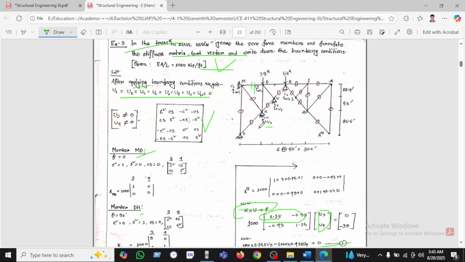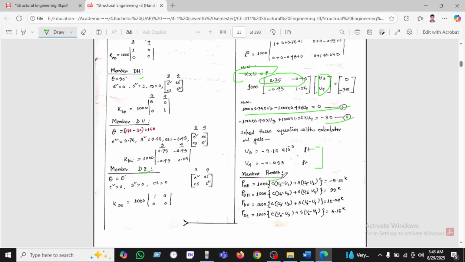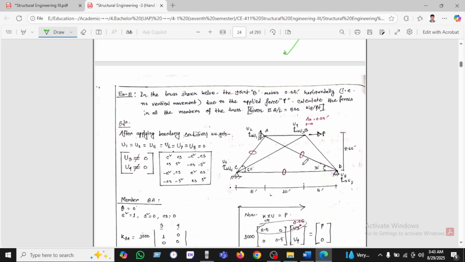This is U3, and U4 is here. And member forces we can calculate for all the members.